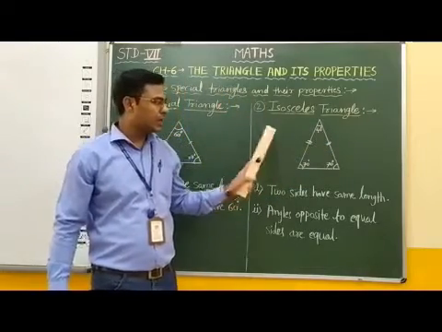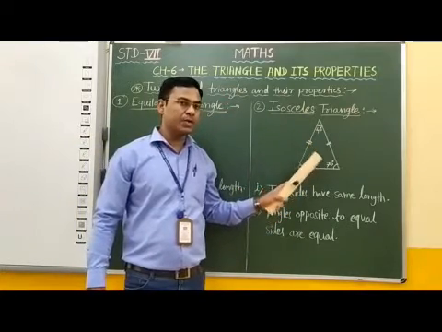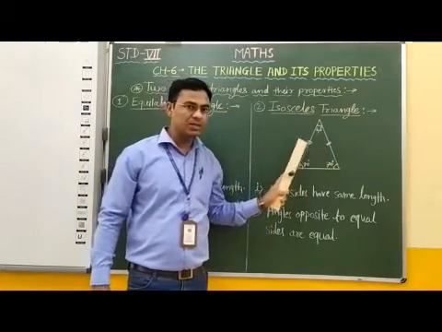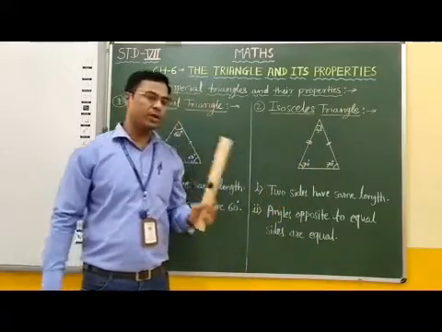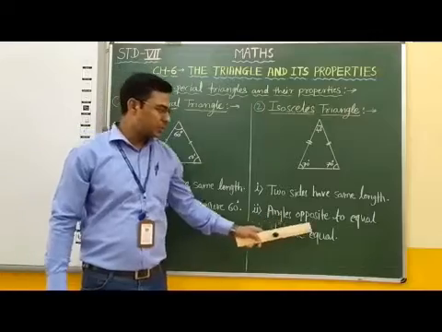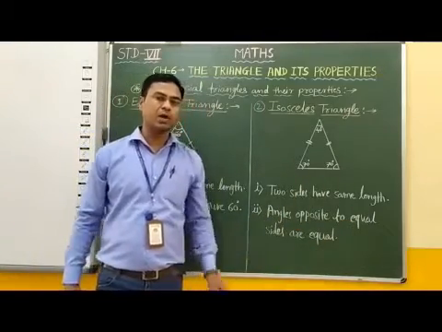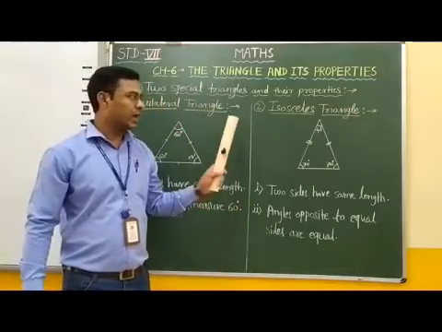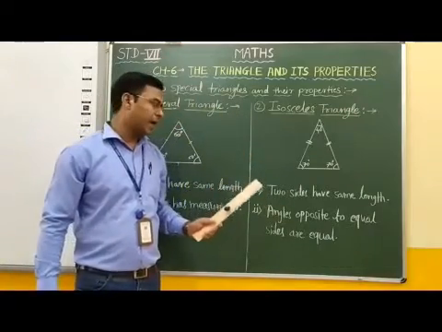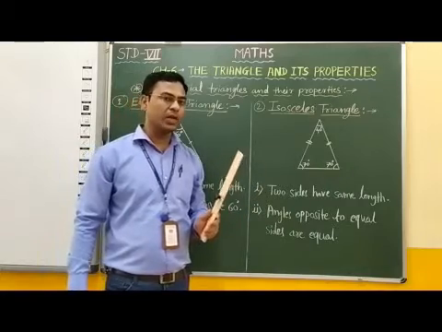Therefore, here these two equal angles are opposite of equal sides. Therefore, second property of isosceles triangle is angles opposite to equal sides are equal, or we can say that in isosceles triangle angles opposite to equal sides are also equal in measure.